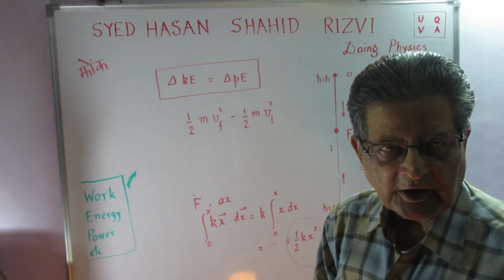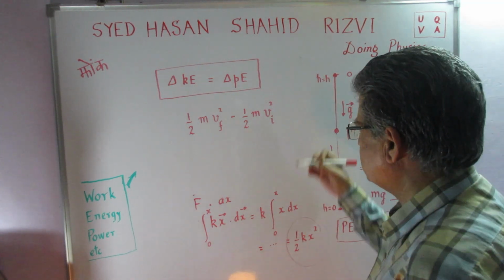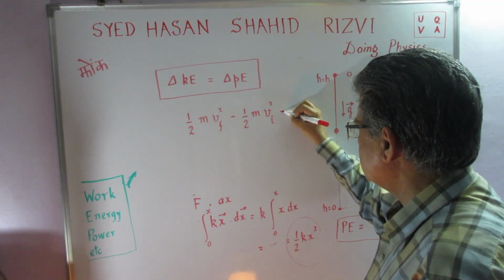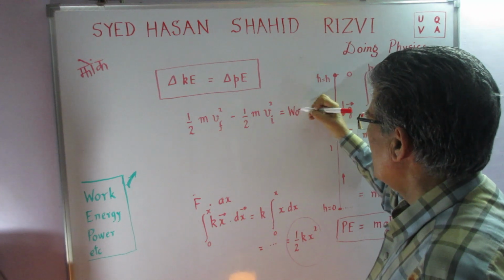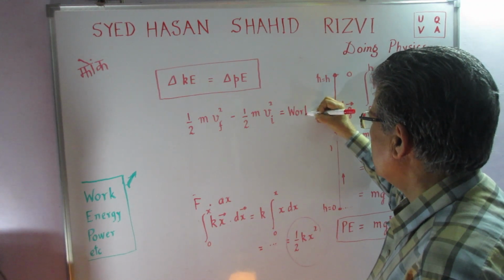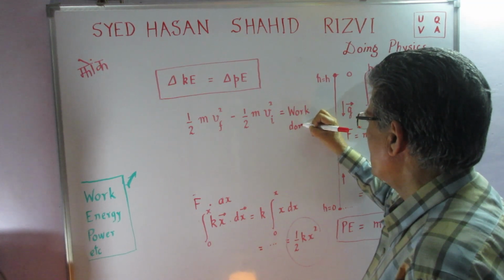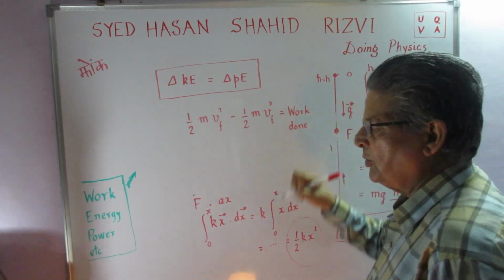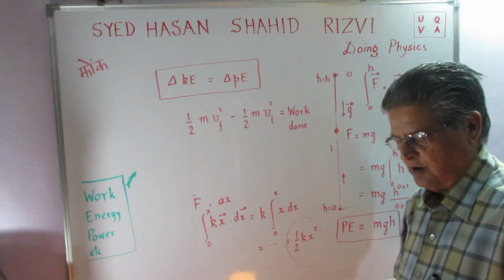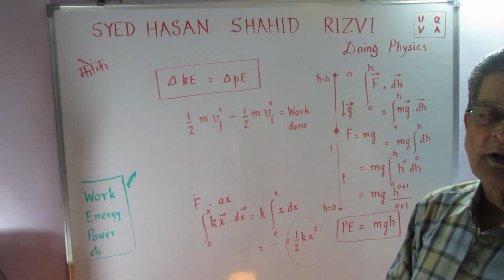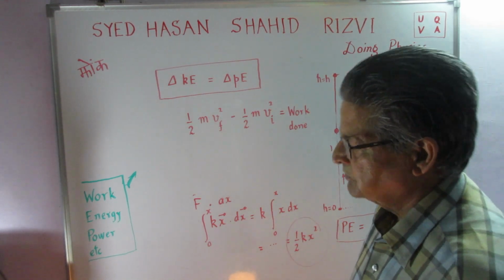This is the change in the kinetic energy, and I wind up today's discussion by saying that this is equal to work done in physics. A work done which could be zero, positive, or negative.